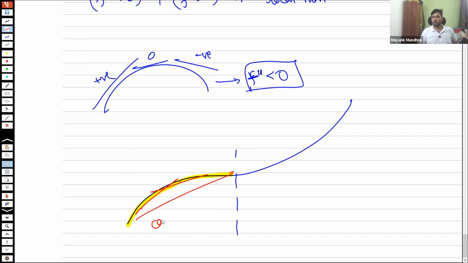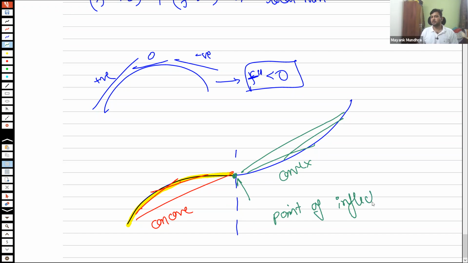So this part is concave, whereas this part is convex, because if I connect any line segment, it lies above the curve. So at some point here, the graph changed its nature from concave to convex. This point is called the point of inflection.